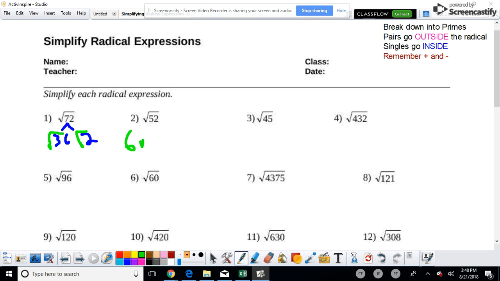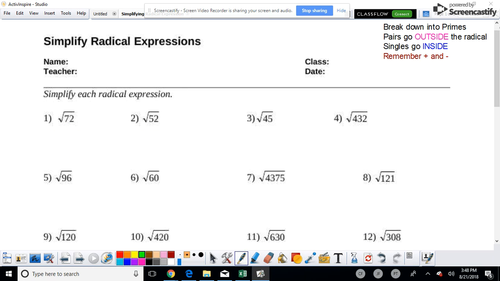The radical 2. Bam. So you'll notice that we got the exact same answer. I just did less work. That's positive and negative. So if you know your perfect squares, go ahead and use them because that's going to get you to your answer faster. But if you're not really that strong with them, just break them down into primes and you will be ready to go.